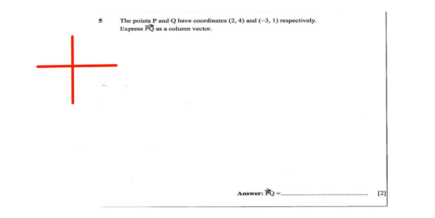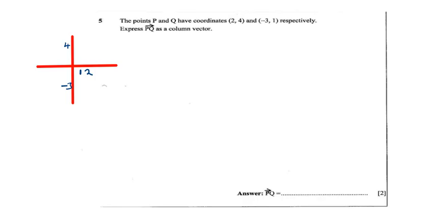So our x, they have said it is 2, so write a 2 there, and then our y is 4. So we put a 4 at that point, and then our Q is negative 3 comma 1. So negative 3 to be here, and then y, it is 1, like that.